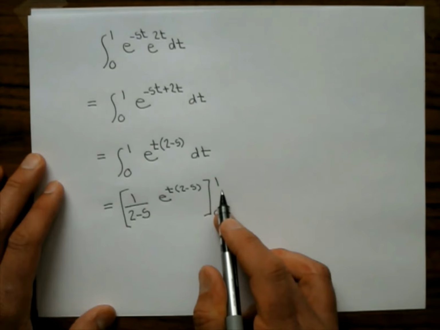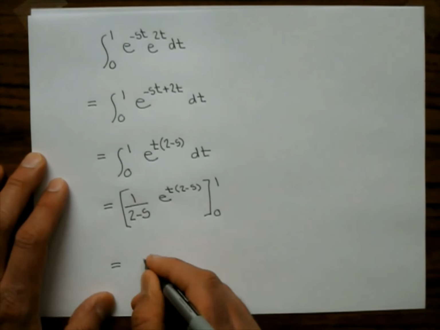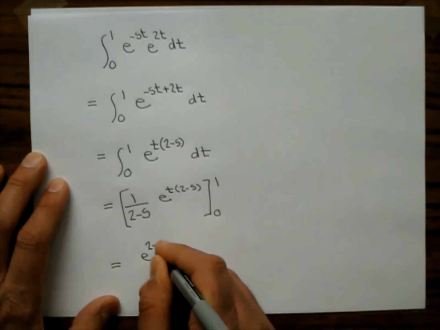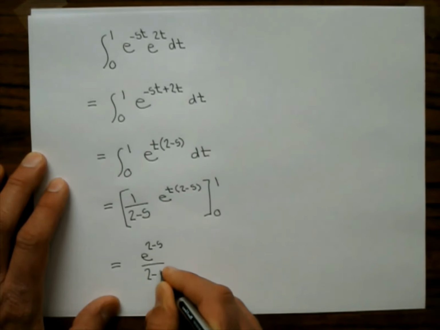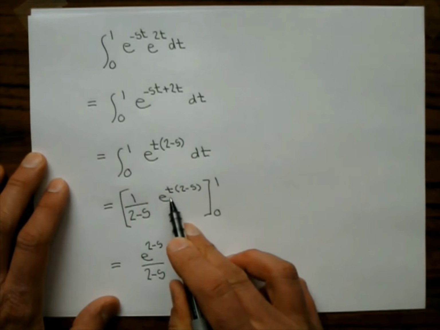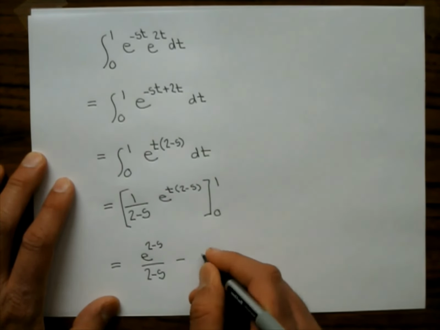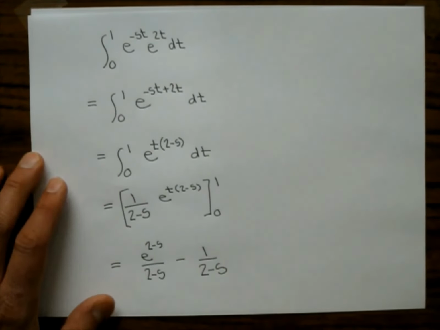So I put 1 in for t, and I end up getting e to the 2 minus s all over 2 minus s. That's putting 1 in there. Now I'm going to put 0 in for t, and that's going to be e to the 0. So this is going to be minus 1 over 2 minus s.